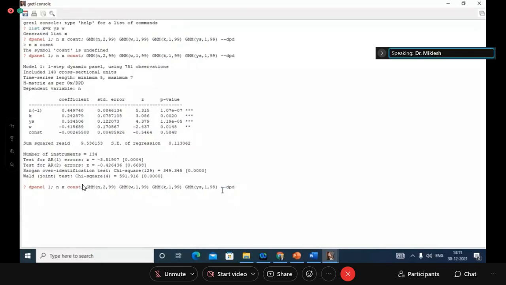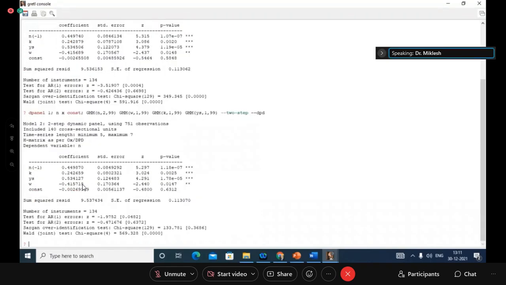Before this DPD I add two step, and then I press enter. I have added two step, and then I have written the same thing, DPD.